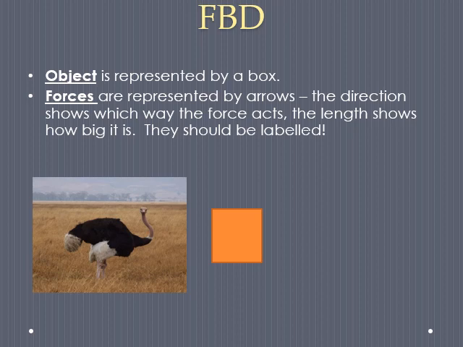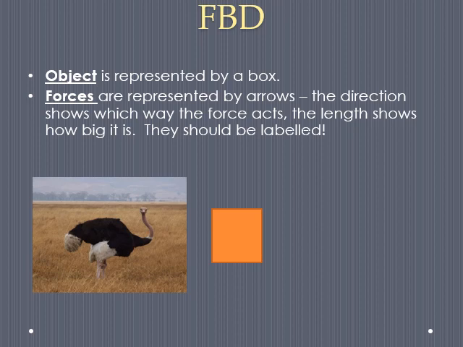And every force that you put on there should be drawn with an arrow. The arrow should always have its tail in the box and its head out of the box, and the tail has to touch the box or it doesn't count. The direction of the arrow shows which direction the force is acting, and the length shows roughly how large the force is.